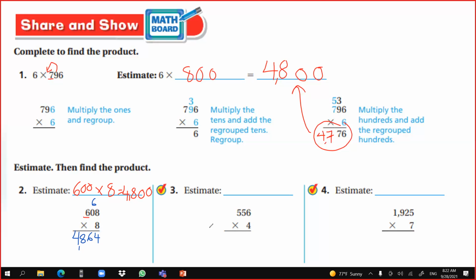Here, 556. Can you estimate it? So first you estimate it to 600 times 4 is? Bravo, 24,000. You add 2 zeros, then you multiply 4 times 6. And the answer is 24.